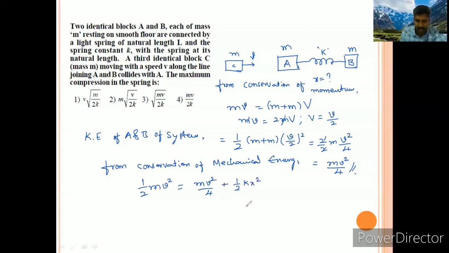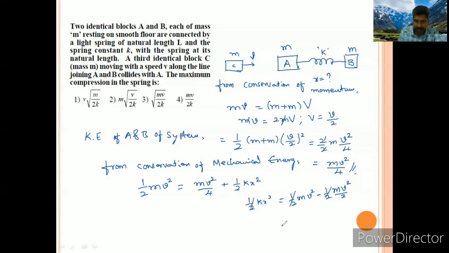From this, half kx square is equal to what? Half mv square minus half mv square by 2. From this, the 2 is common and will cancel.